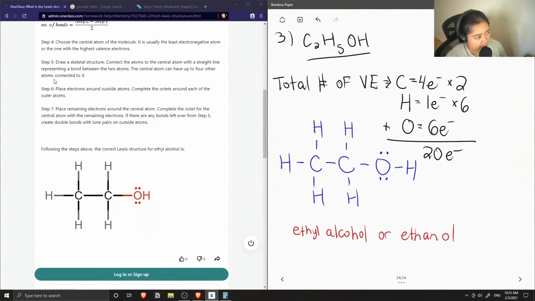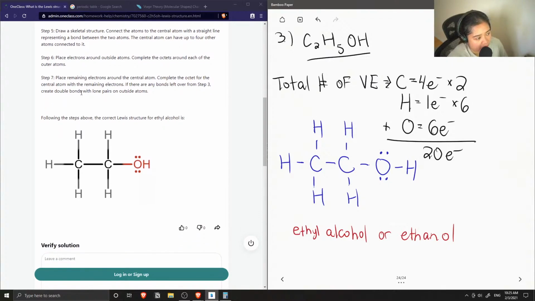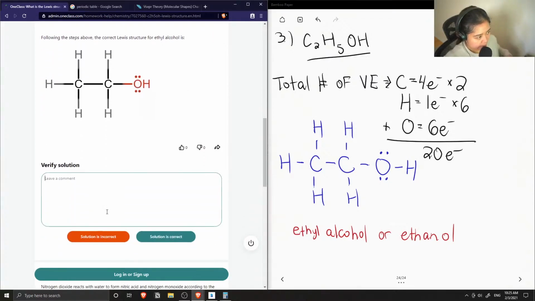Step 5 is to draw a skeletal structure, and step 6 is to place electrons around the outside atoms, and step 7 is to place any remaining electrons around the central atom. Okay, so they got the correct Lewis structure, so this solution is correct.